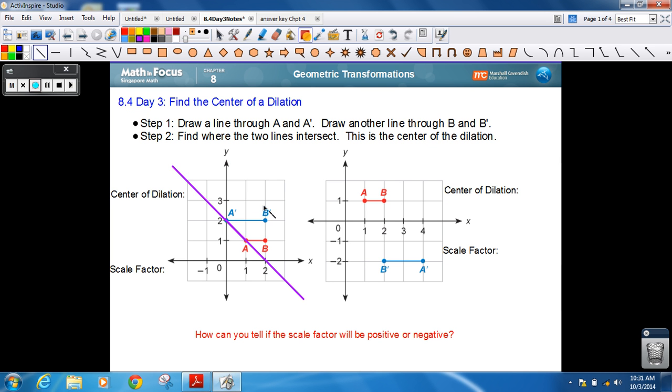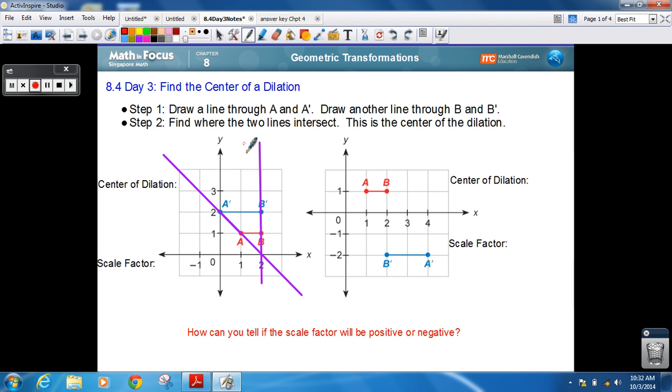And then you do that for a second set of points. Where the two lines intersect is your center of dilation. So my center of dilation, my pen's not working, there we go, is right here with that line of intersection. So my center of dilation for this one is at 2, 0.